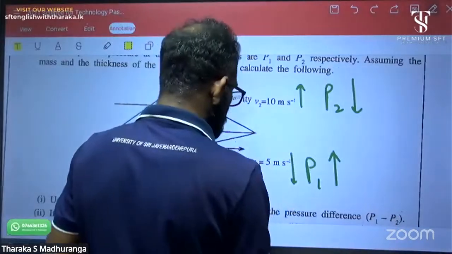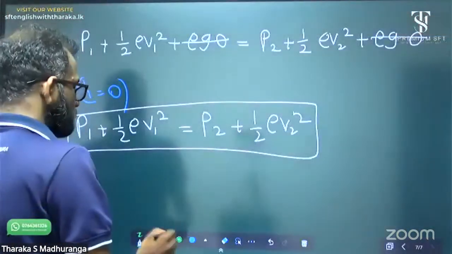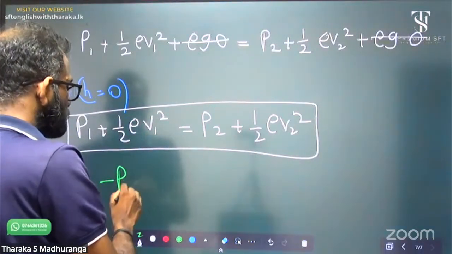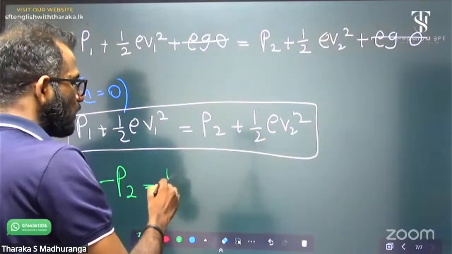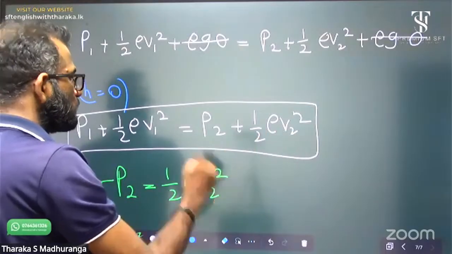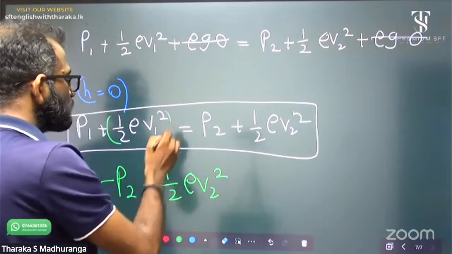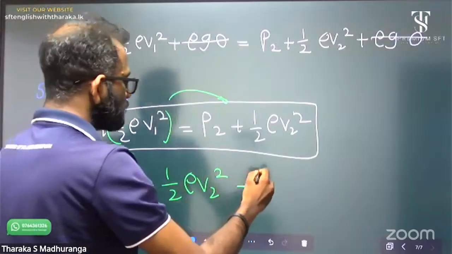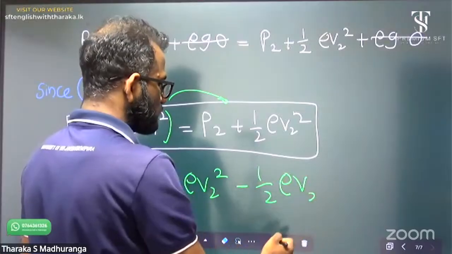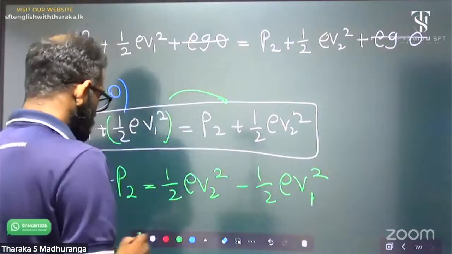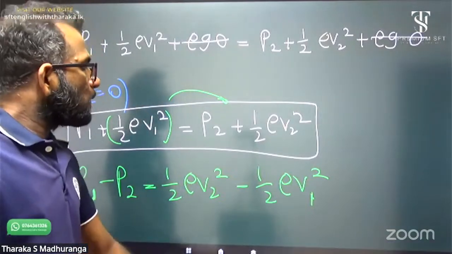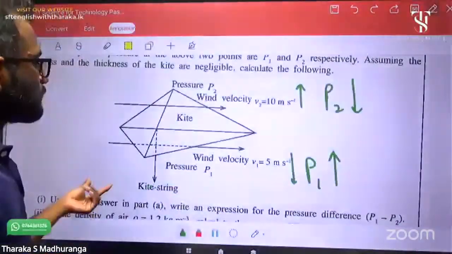P2 equals half rho V2 squared; bring this part to the left side, minus half rho V1 squared. This is the equation, the answer for the first part.